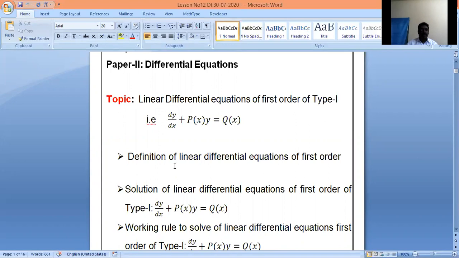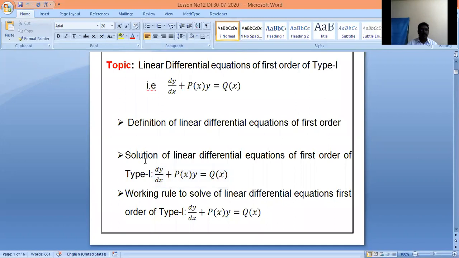Definition of linear differential equations of first order. Solution of linear differential equations of first order of type 1, that is dy by dx plus p of x into y is equal to q of x.